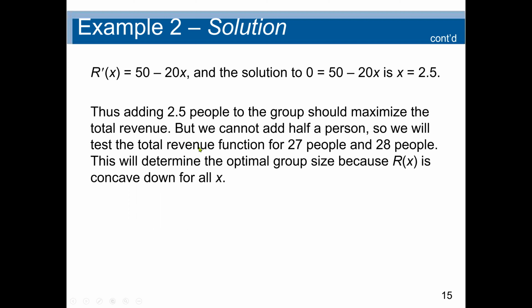So we will test the total revenue function with 27 first, then we test it with 28, and we see which one has the maximum revenue. So we can see what I mentioned earlier also, that finding the absolute maximum and minimum is shorter than relative, because in relative, when we get the critical value, we need to go and test the interval where positive means the function is increasing, negative means the function is decreasing.